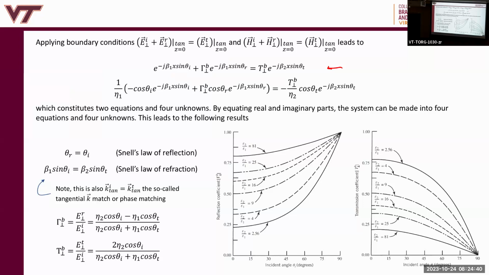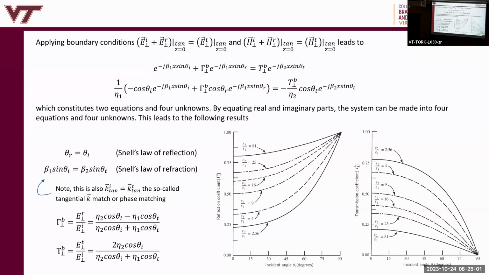So you have to solve these. I'm not going to do it. Do it for your own understanding. Solve these two equations and 4 unknowns. There's a way to rearrange them, right?